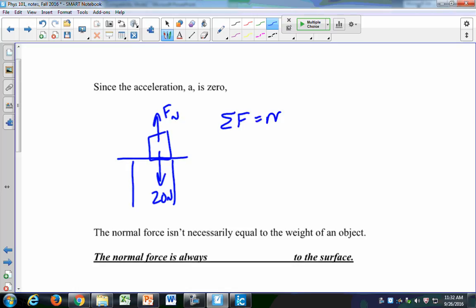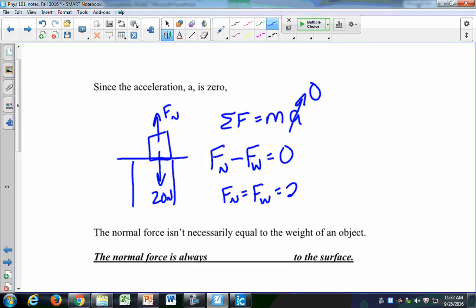The sum of the forces equals mass times acceleration. Since our acceleration is equal to 0, in this case, it's going to be Fn minus Fw is equal to 0. So Fn will equal Fw, which is going to equal 20 newtons.